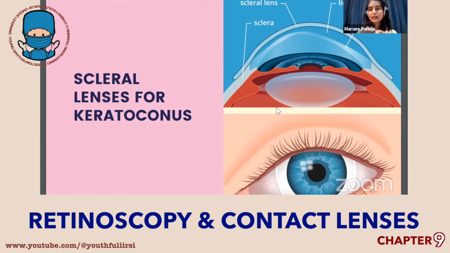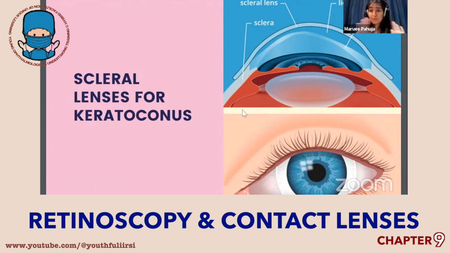And there's a vault created which has a reservoir of fluid, basically saline, which can also be used as a drug delivery system. In such cases, the patient's visual rehabilitation becomes great because of this smooth refracting surface over the cornea.